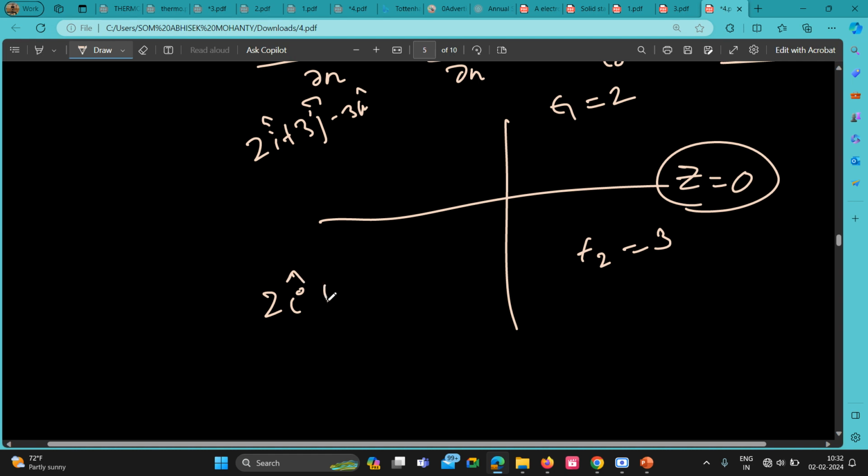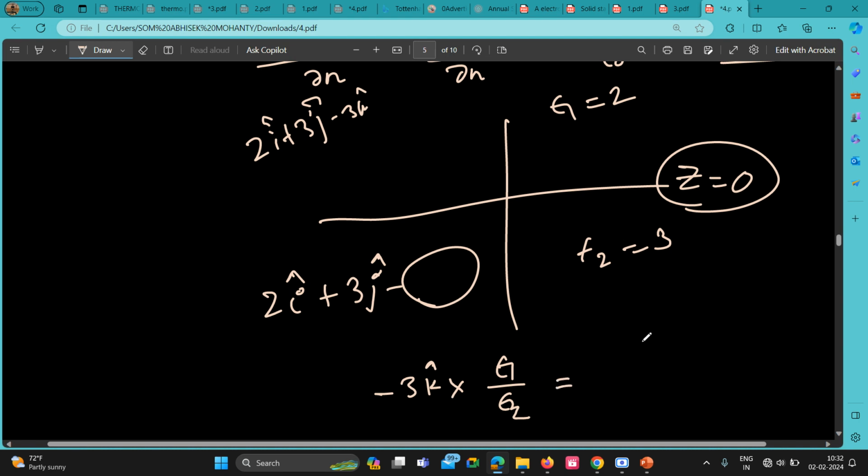You can blindly write 2 i cap plus 3 j cap. The third component will be minus 3 k cap into epsilon 1 by epsilon 2, that is minus 3 into 2 by 3. Simple as that. Don't need to think too much, just do this. That will be the answer. Is that alright?